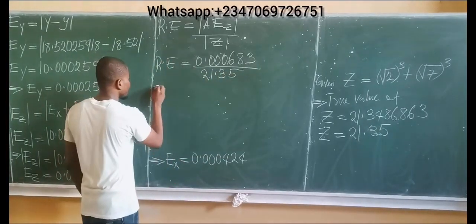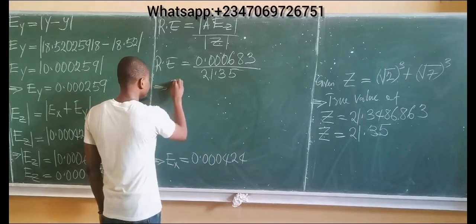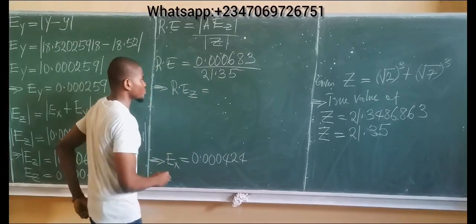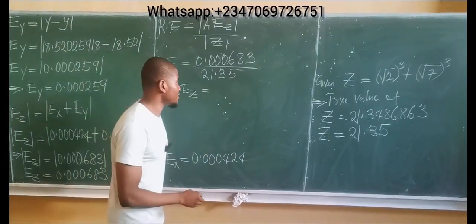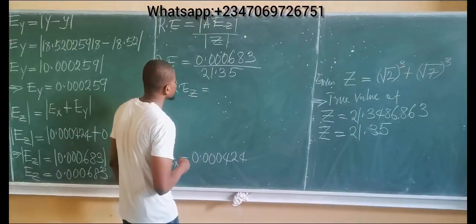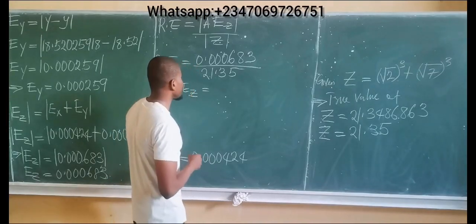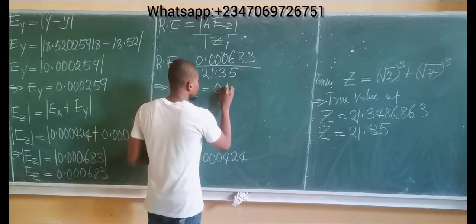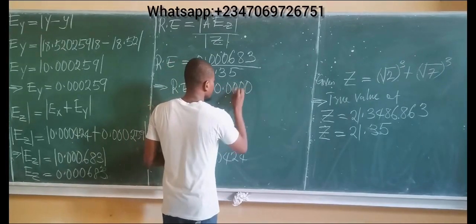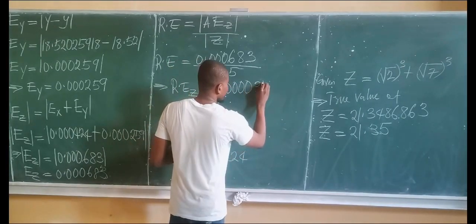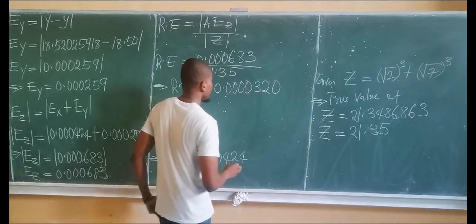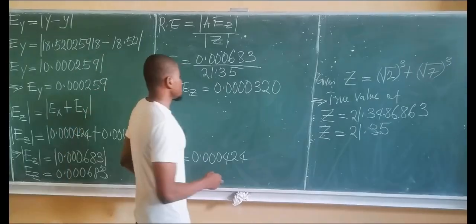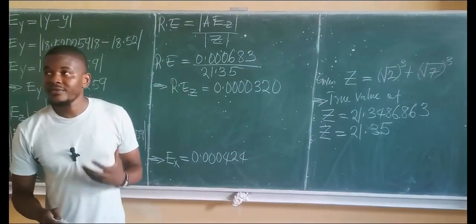So this simply implies the relative error in z is now going to be equal to, now let's find this ratio and see. 0.000683 divided by 21.35 simply gives us 0.000320. Okay, so this becomes the relative error in z.